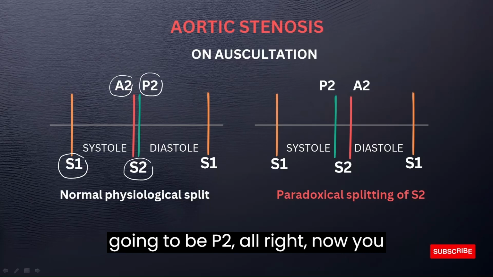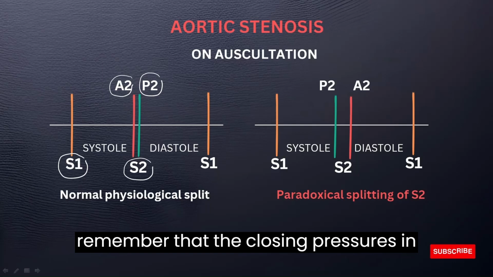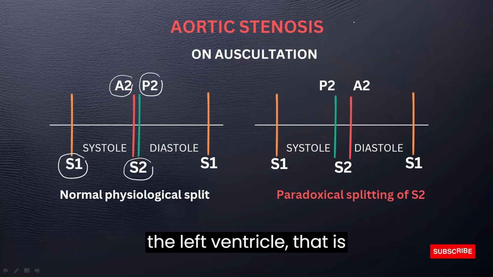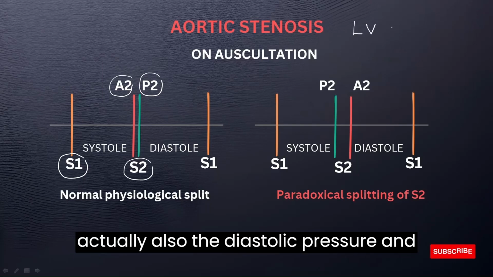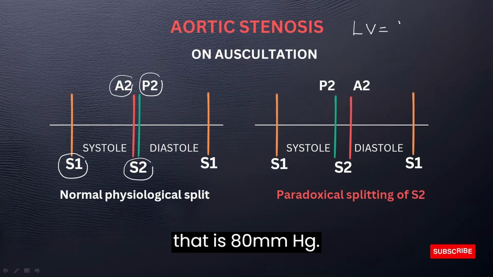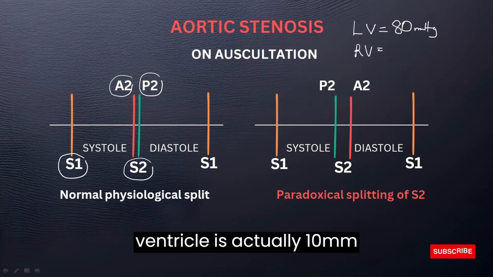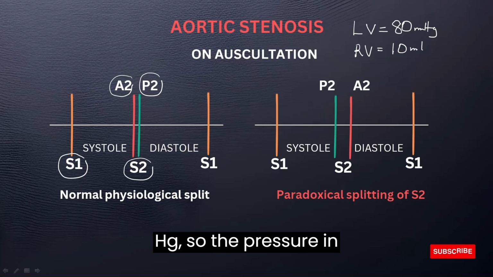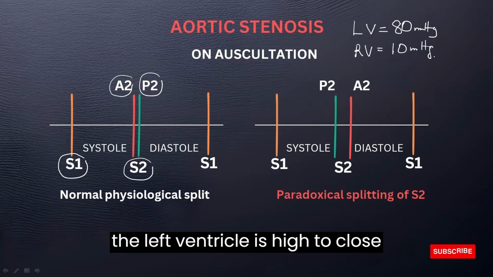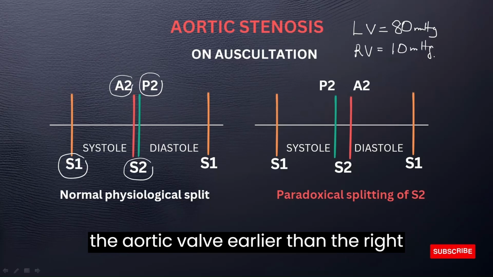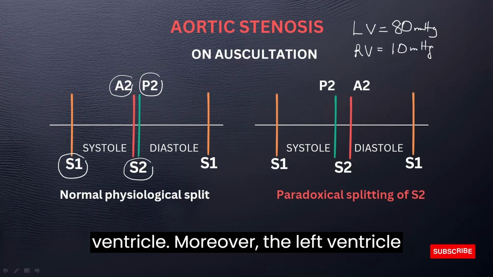All right. Now you remember that the closing pressure in the left ventricle, that is actually also the diastolic pressure, is 80 millimeter mercury. And the closing pressure in the right ventricle is actually 10 millimeter mercury. So the pressure in the left ventricle is high to close the aortic valve earlier than the right ventricle.